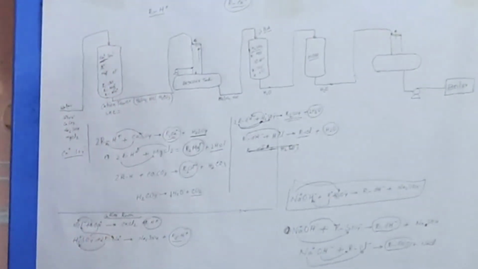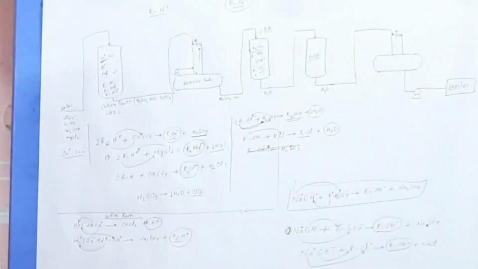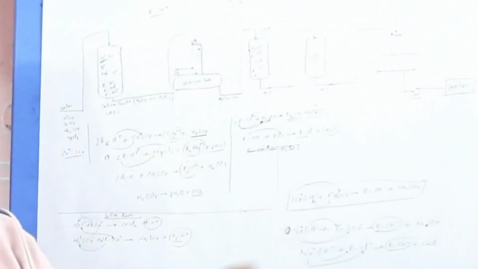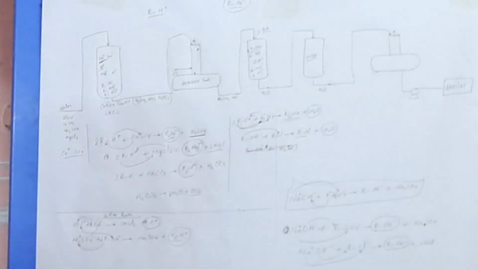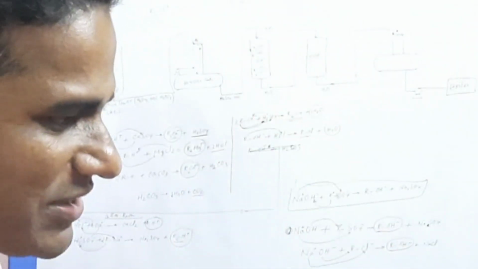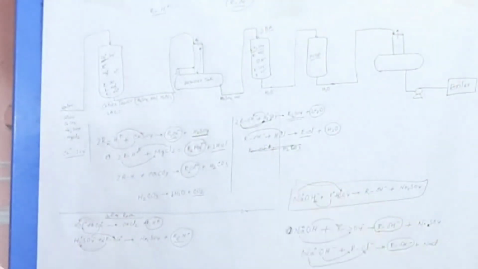For the cation resin, provide hydrochloric acid from the bottom side. For the anion resin, we have to provide sodium hydroxide on the top side, because the cation resin is heavier than the anion resin. That's why the cation resin always settles on the bottom side and the anion resin always settles on the top side.